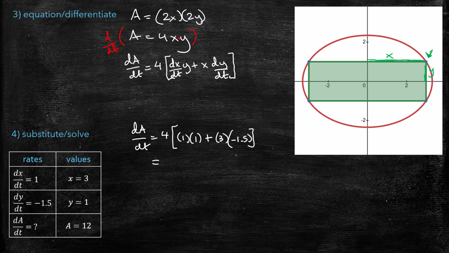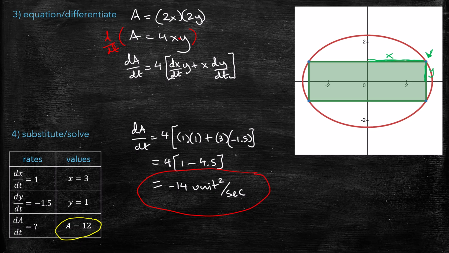Notice that we don't actually have to use the snapshot value of the area after all, but it was worth finding it just in case. And then we have 4 times 1 minus 4.5, and that comes out to negative 14 units squared, because it's the rate of change of area per second.